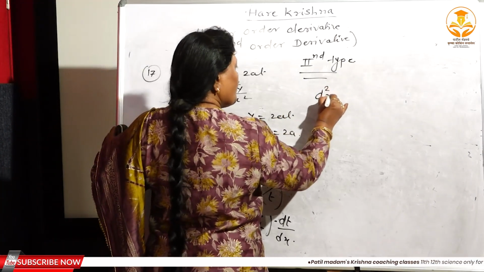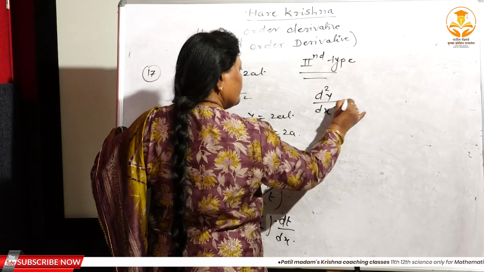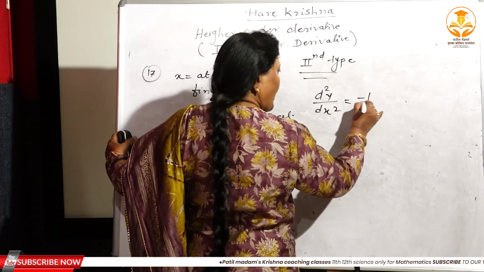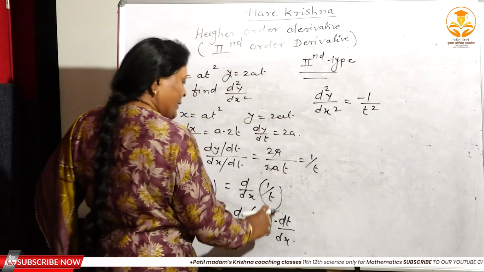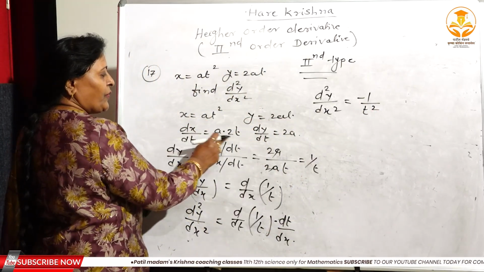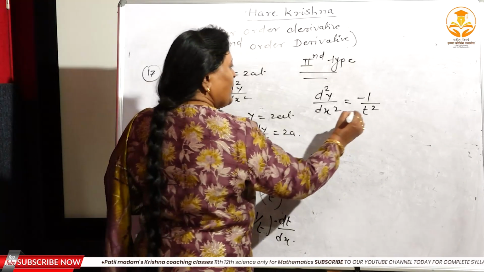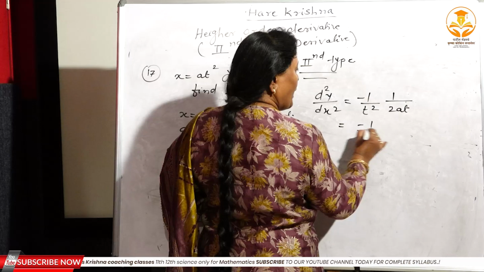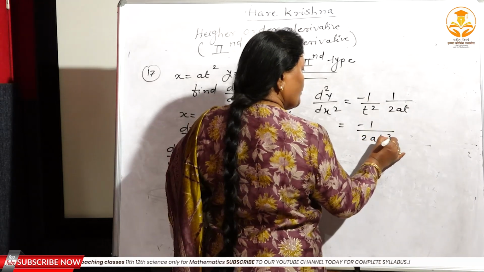Now this is d2y divided by dx square. Here again, d by dt of 1 by t, that is nothing but minus 1 upon t square, and dt divided by dx. See here, dx divided by dt is twice at, so dt divided by dx is 1 upon twice at. Right? And here you have got minus 1 upon 2at cube.